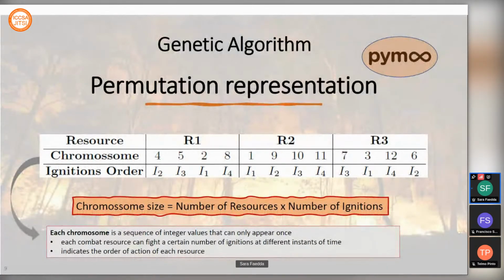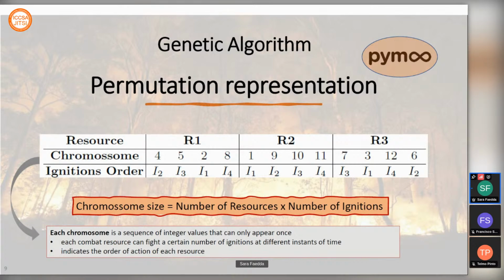We also use the genetic algorithm from the PyMOO framework, and to use this in this problem, we needed to make a permutation representation. Here is an example of a permutation representation when we have 3 resources to assign to 4 ignitions.